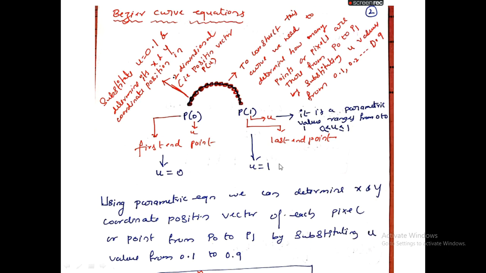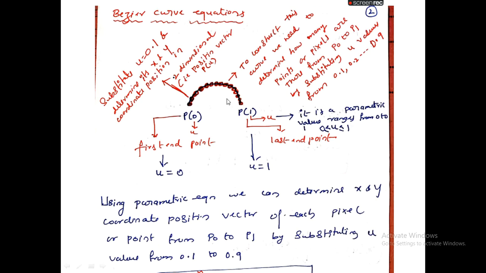Whenever we want to create any curve, first we need to decide how many pixels are there in that curve, and then decide each and every pixel position in that particular curve.